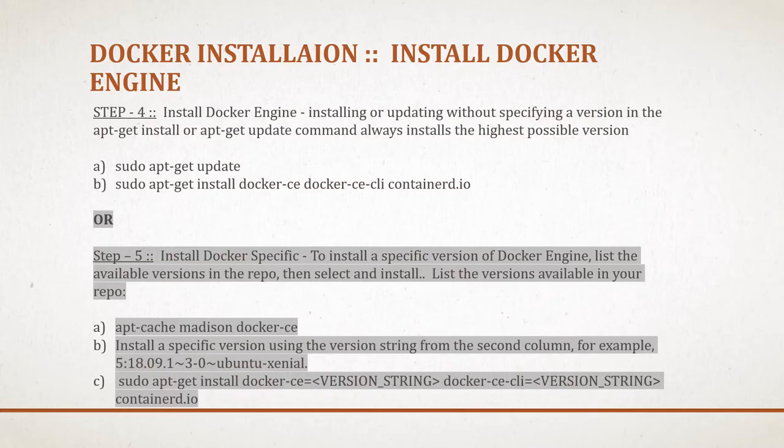And then we'll install Docker Engine. If we don't mention any version when we are installing Docker, then it will by default install the highest possible version which is available. So if you see here in A, we are just updating the package index, and then we are getting the installation for docker-ce, docker-ce-cli, and containerd.io.